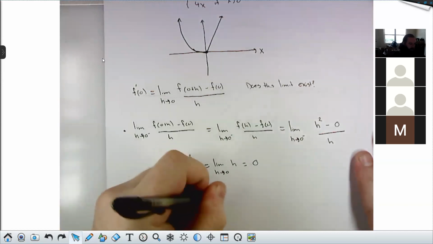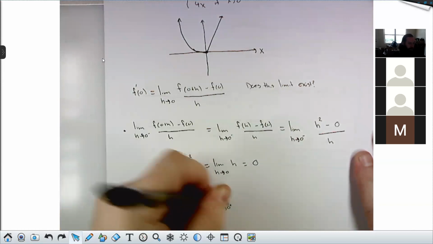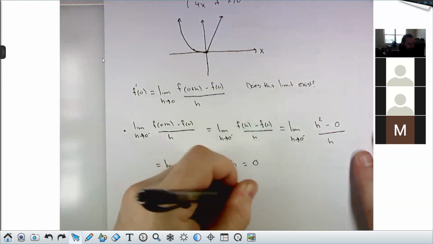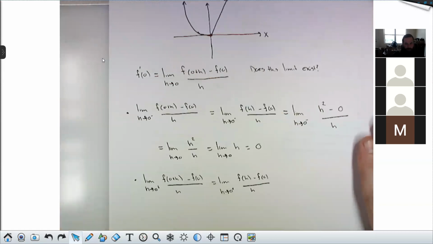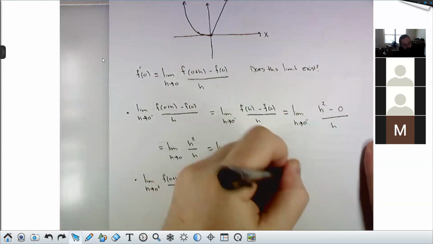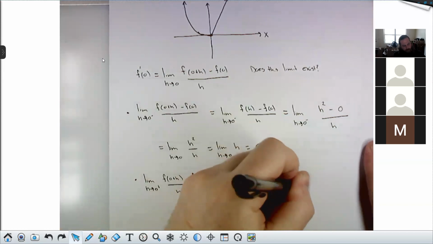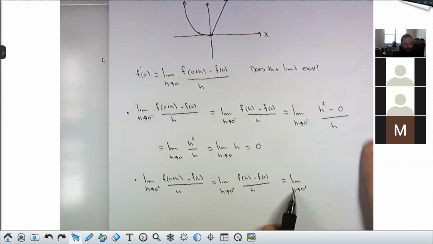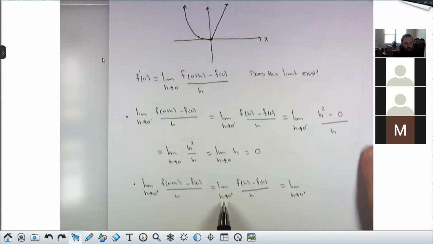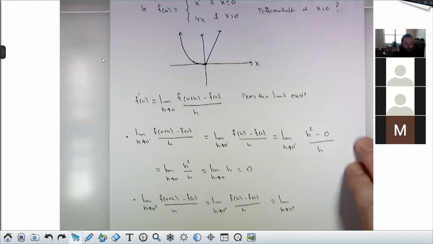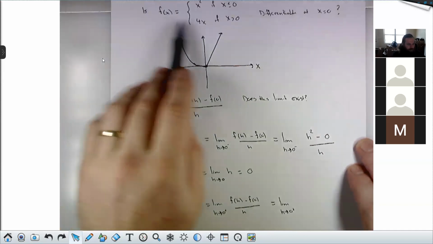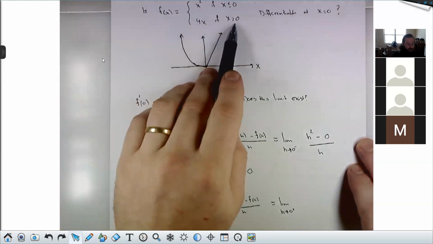This is the limit as h goes to 0 from the right of f of h minus f of 0 over h. f of 0 is still 0, but f of h now, because I'm going to 0 from the right, I'm considering h's which are a little bit bigger than 0, which means f of h is defined according to the second rule, right? f of x is equal to 4x if x is bigger than 0.